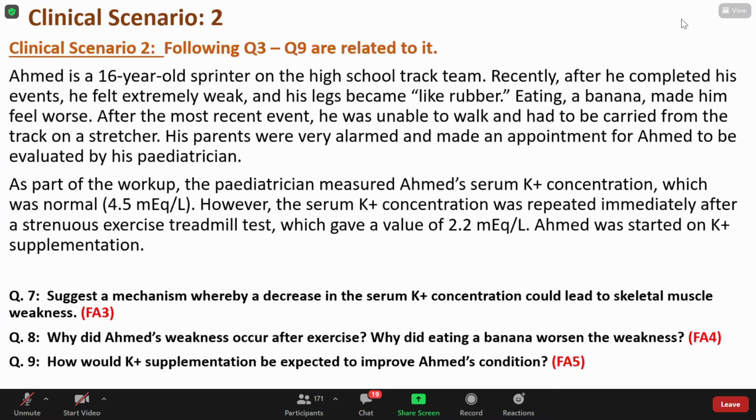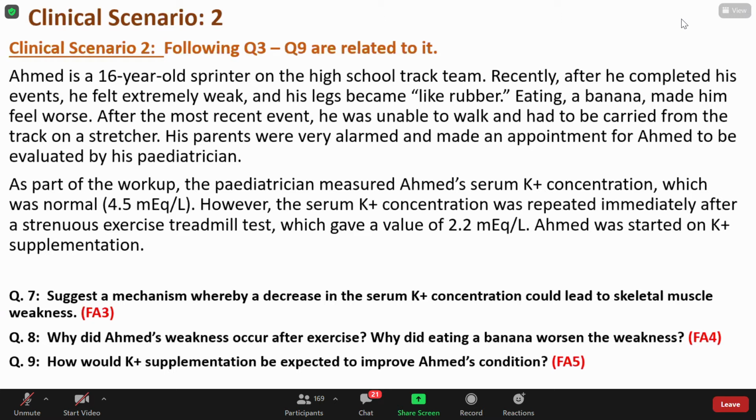Okay. So this case is about primary hypokalemic periodic paralysis, a condition where you have problems with the ion channels. There are mutations in ion channels, especially sodium and calcium channels, and that's why the resting membrane potential is disturbed.